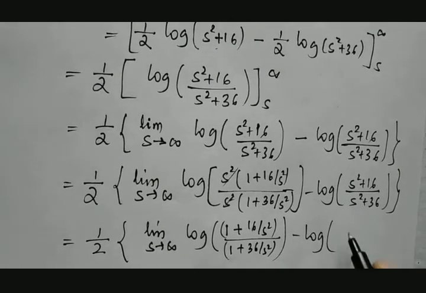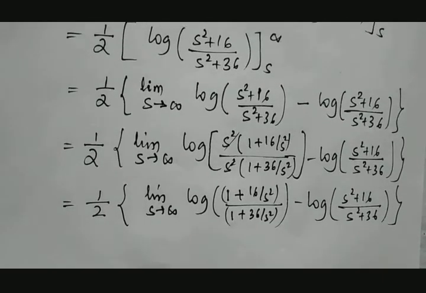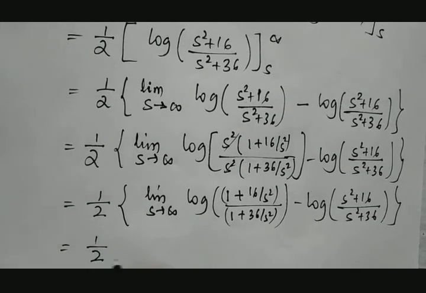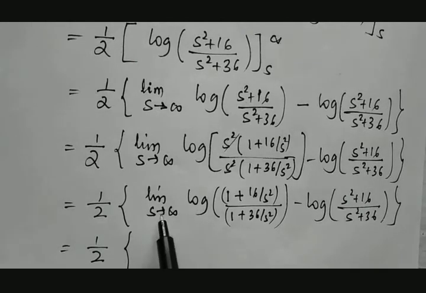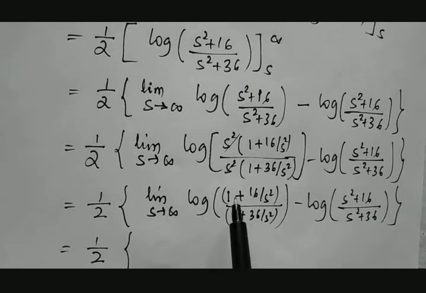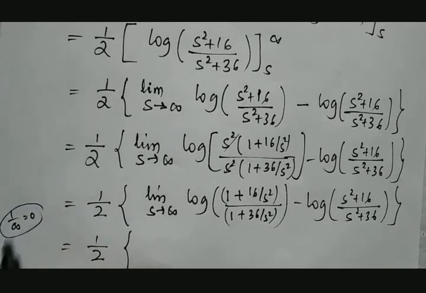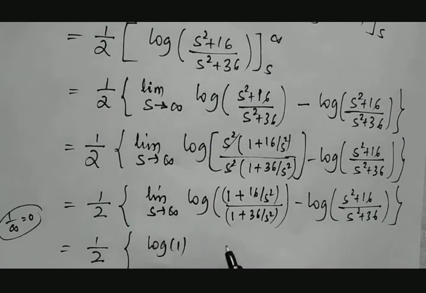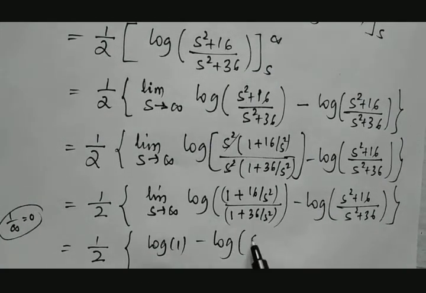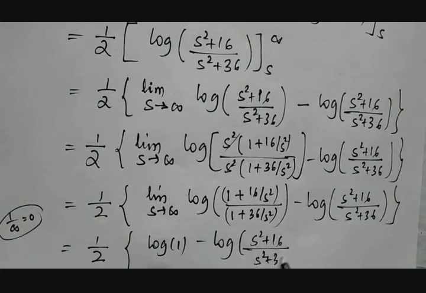minus logarithm of s square plus 16 divided by s square plus 36. Therefore, which is equal to 1 by 2 into, if you replace the limit by putting s equal to infinity, then it becomes 1 plus 0, because anything by infinity is equal to 0. Okay, then it becomes log 1 minus logarithm of s square plus 16 divided by s square plus 36.